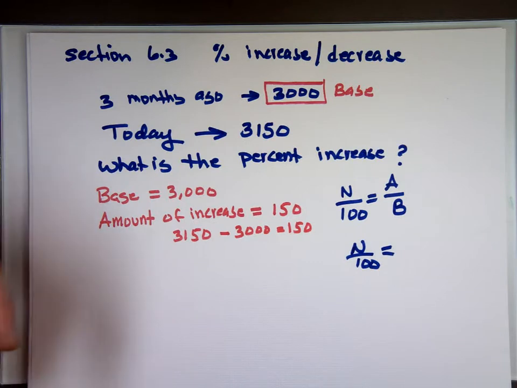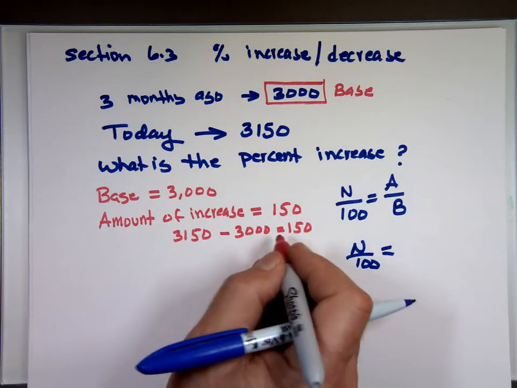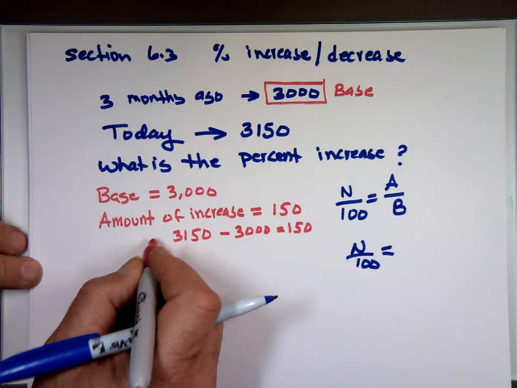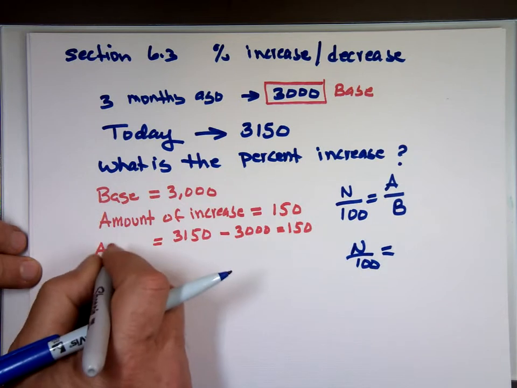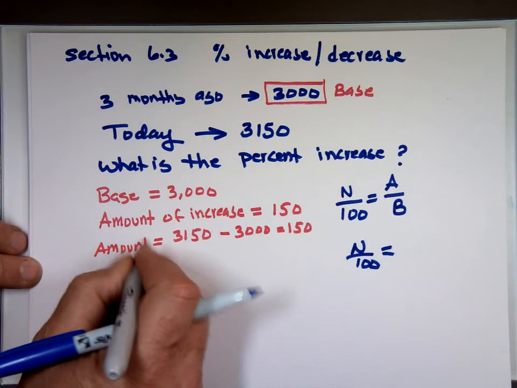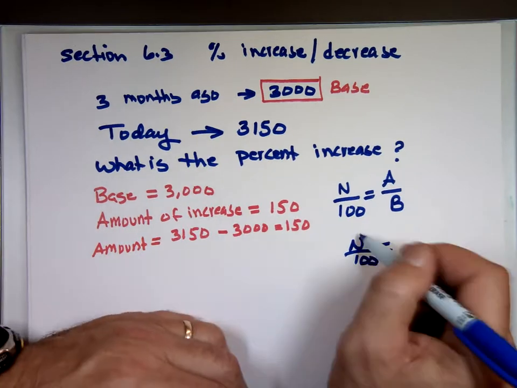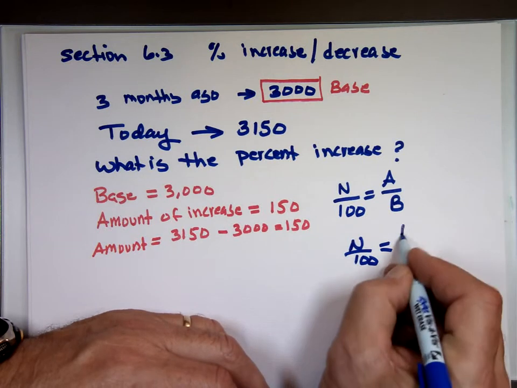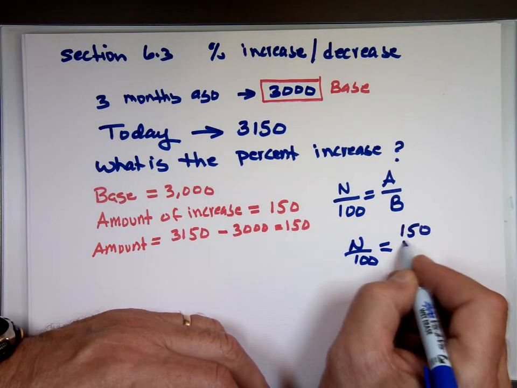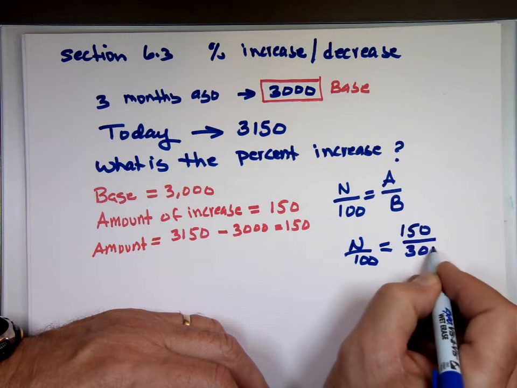So your balance increased by $150. That's your amount. Your amount is the change, which is 150. So set up the ratio now. N to 100 is the same as 150 to what? 3,000.